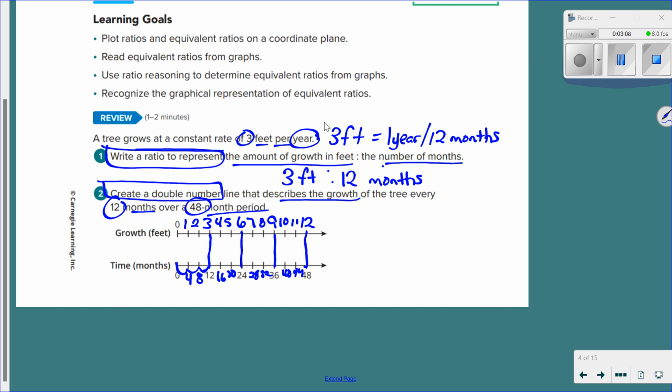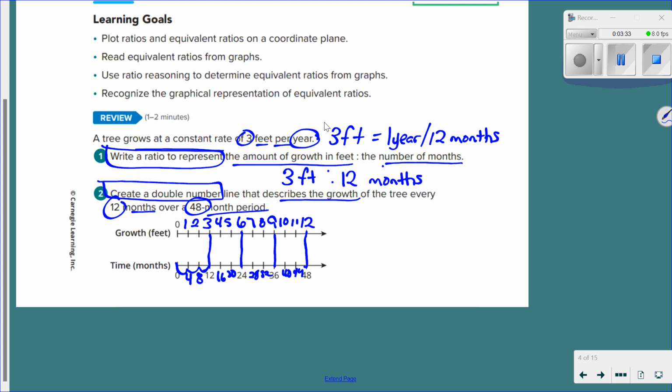If I asked you how many feet did it grow in 20 months, what would you tell me? 5, yes? So now I can answer a lot of questions about its growth in 48 months. Does that make sense? All right, next page.